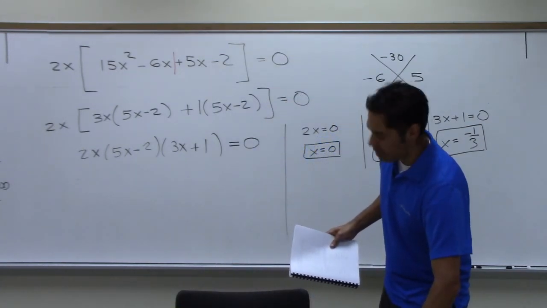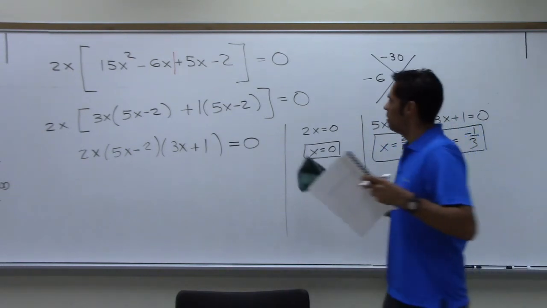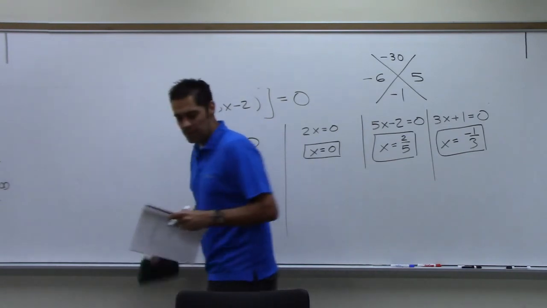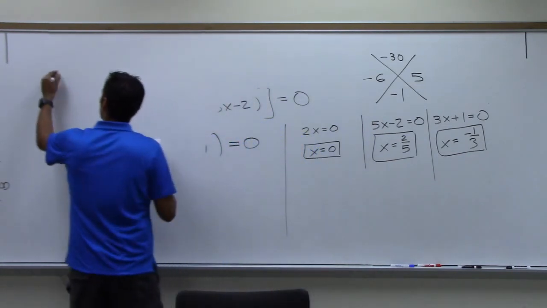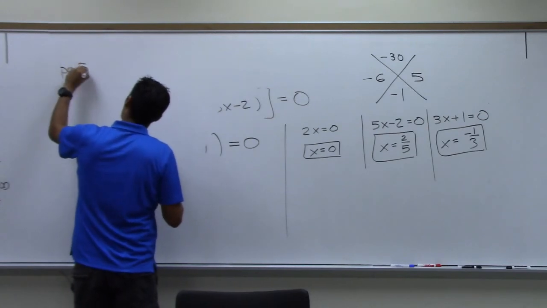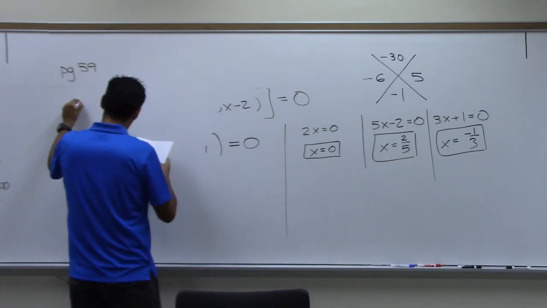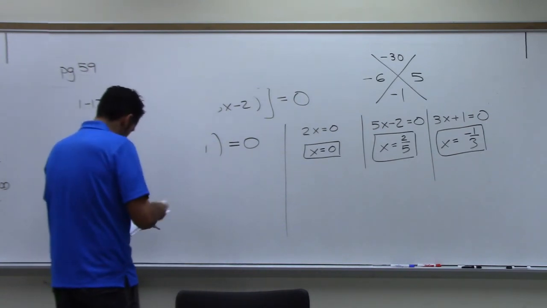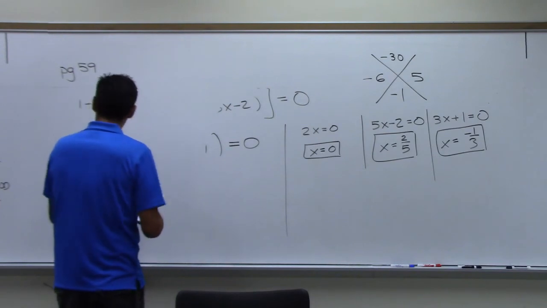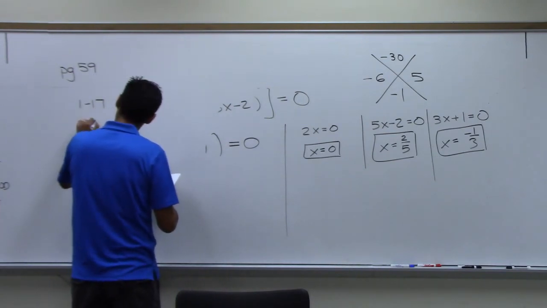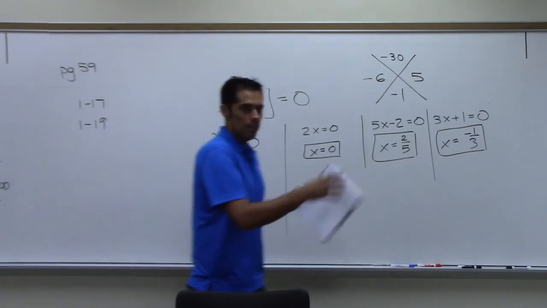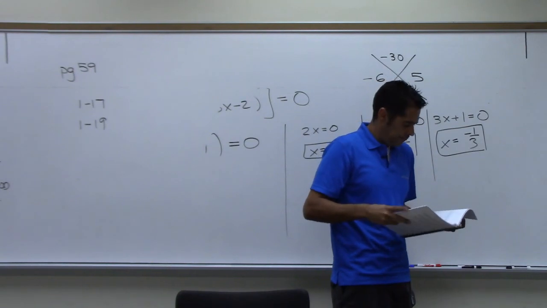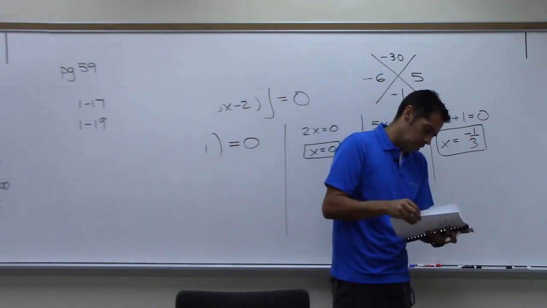If you're working off the printed version, the one I provided online on Canvas, which is the one that I have, it's page 59, and you should do 1 through 17, and then 1 through 19. So both sections. You only have 2 sections? You have 3, or A, B.